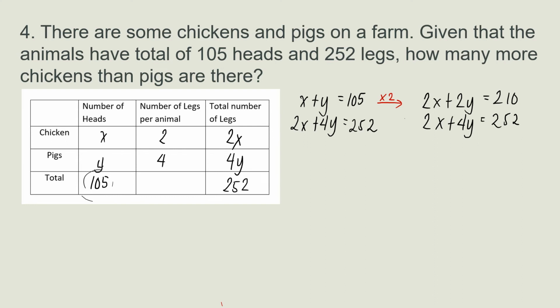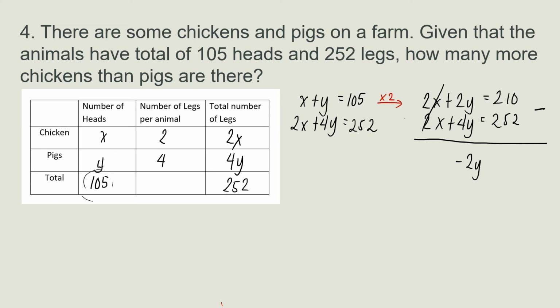So we can just do subtraction so that we can eliminate your x here. 2x minus 2x is 0, right? Next, do subtraction for the rest of the terms. You have 2y minus 4y, that is negative 2y.